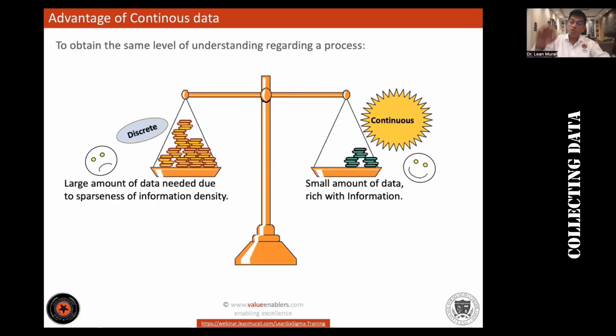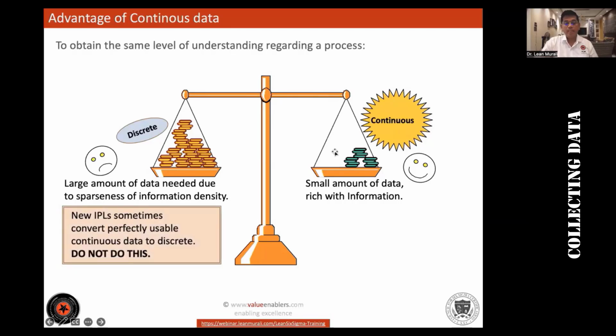Always try to look for continuous data. Now that you know what continuous data is, like numerical data, always look for continuous data and very little discrete data. Okay, so IPL means improvement project leaders.